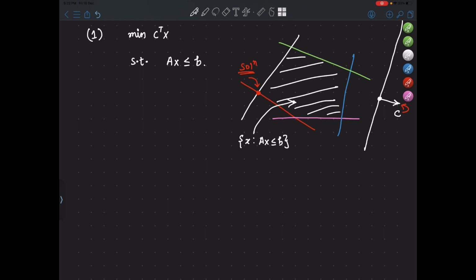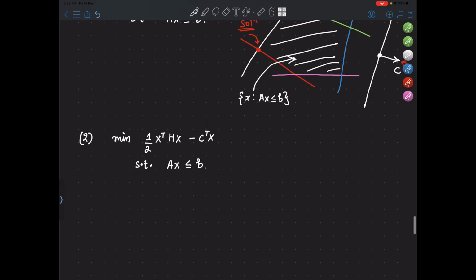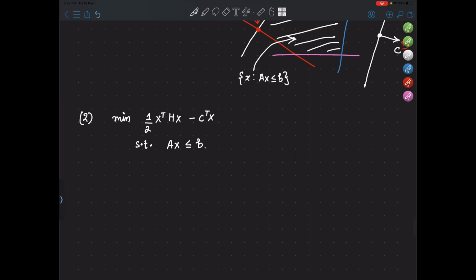There is another example where we can have quadratic functions like half x transpose H x minus c transpose x, subject to Ax less than or equal to b, some linear inequality constraints, where H is symmetric positive definite.